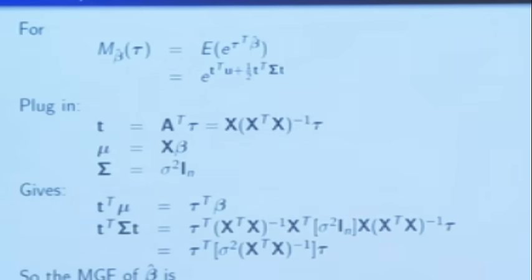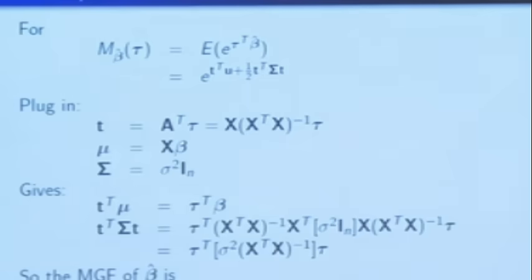We go through a number of calculations. And at the end of the day, we get that the moment generating function is just e to the tau transpose beta plus a half tau transpose this matrix tau. And that is the moment generating function of a multivariate normal. So these few lines that you can go through after class basically solve for the moment generating function of beta hat.